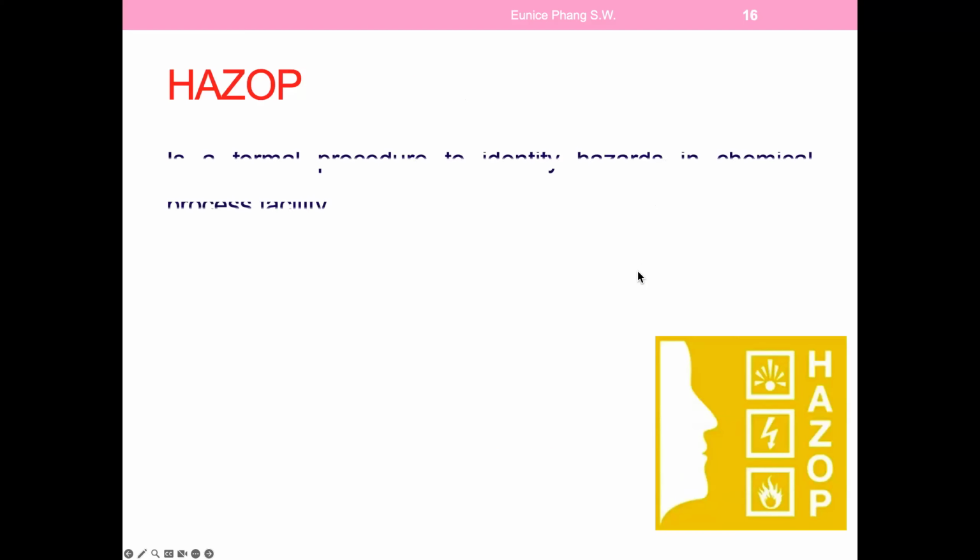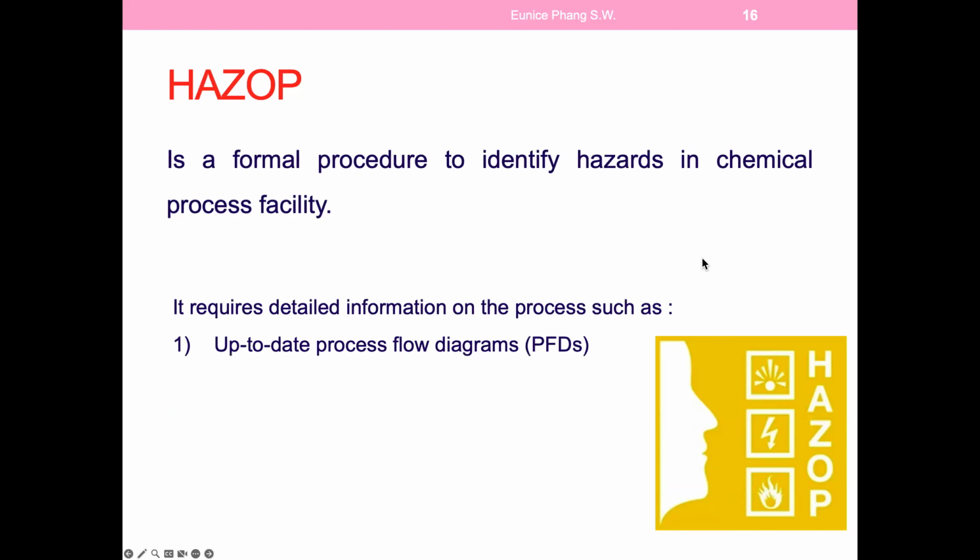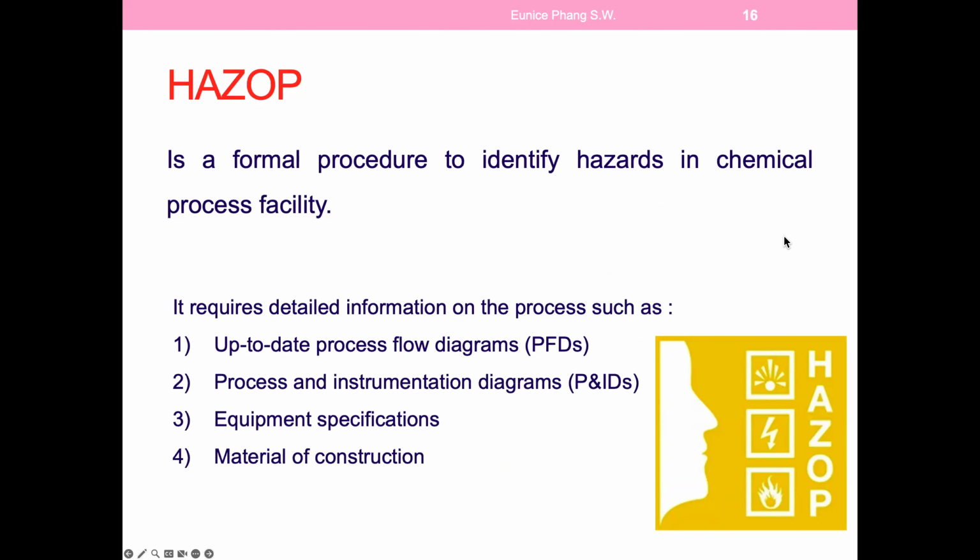So in HAZOPs, we use something we call guide words. What you need to start HAZOP is, first, a PFD diagram or a PNID diagram. The process flow diagram and the PNID are very different. Sorry, the PNID is not process; PNID is piping and instrumentation diagram.